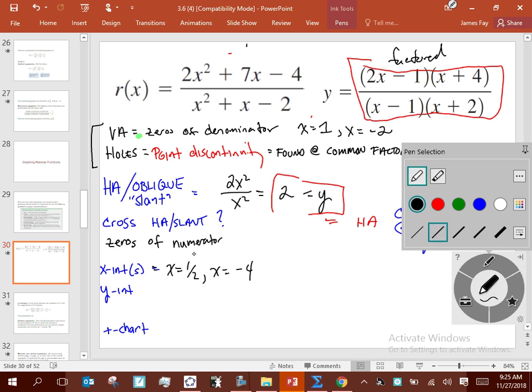Okay. Now y-intercepts, again, looking at either one of these versions, when I just had a polynomial, let's say I'm looking at just that polynomial stuff. What is the y-intercept of that polynomial? Say again? -4. -4 would be the y-intercept of that numerator, right?